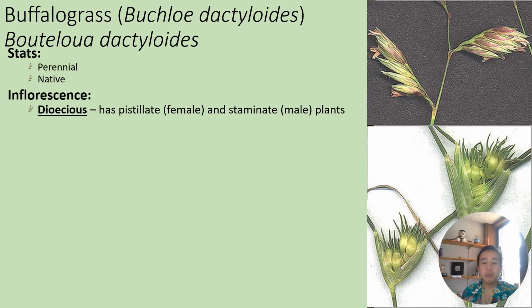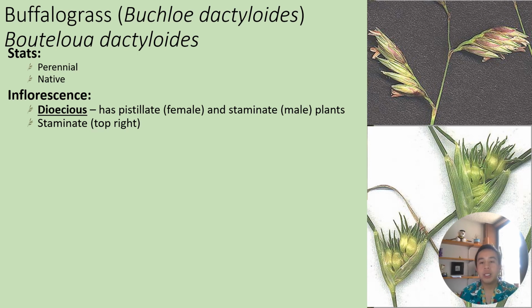This means that the plants are what we call unisexual, which means the flowers on these plants only produce either female or male flower parts. And so one is pistillate and one is staminate. You can see an example of the staminate flowers or plant in the upper right photo.